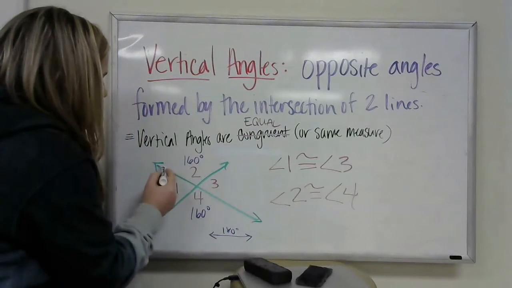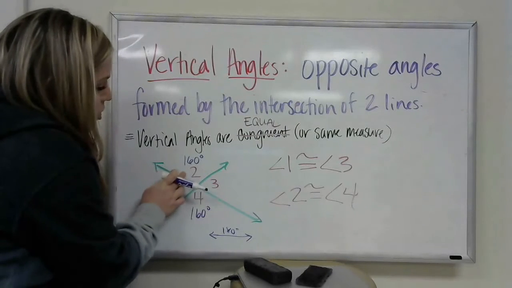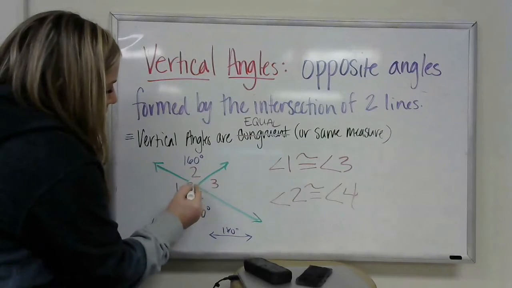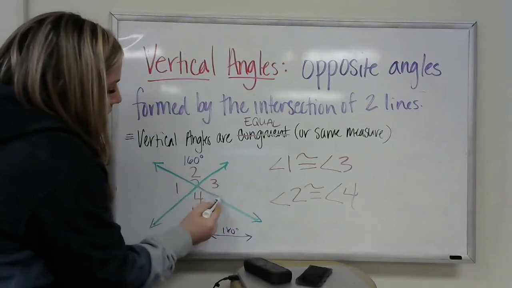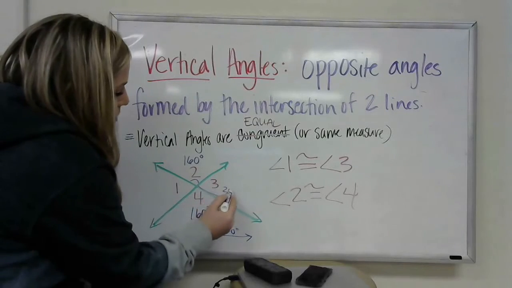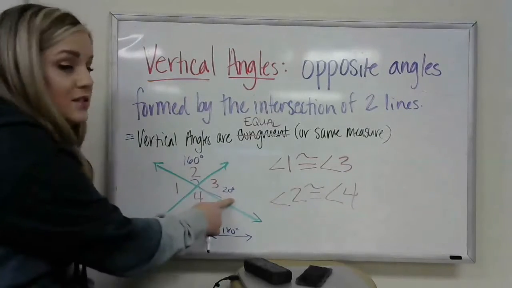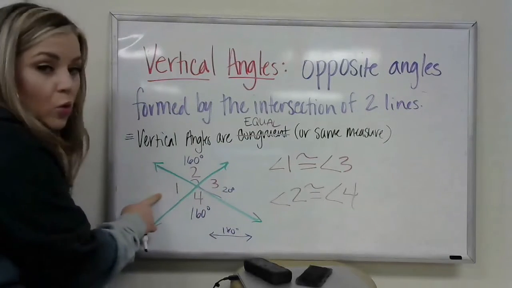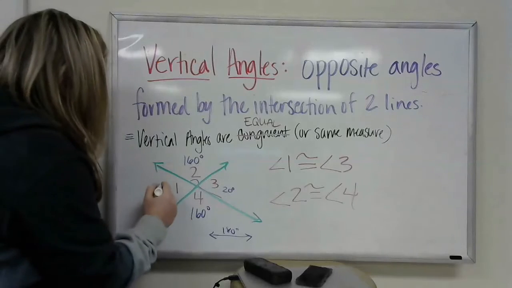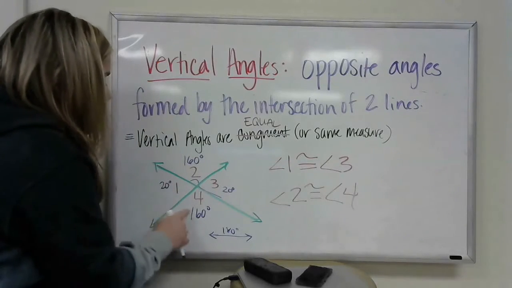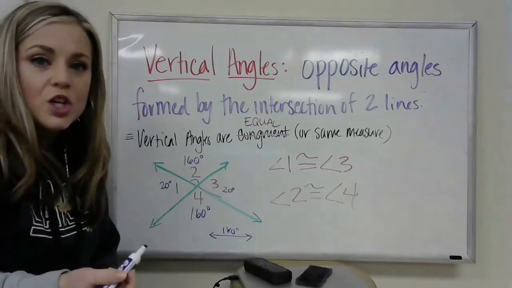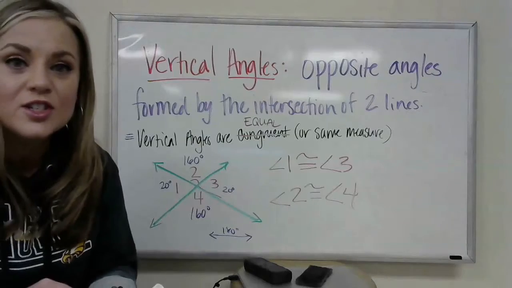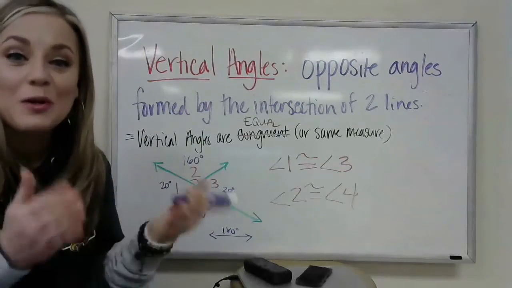Well, if this angle is 160, that means that this angle is 20 degrees, okay? And this is a vertical angle to angle 1, so that means angle 1 is 20 degrees. Do you see what I'm saying? So just know that we're going to be using that.